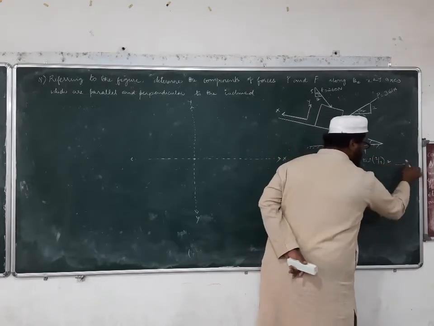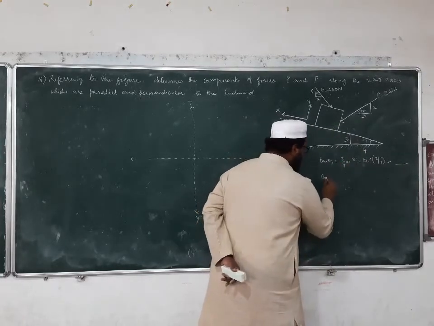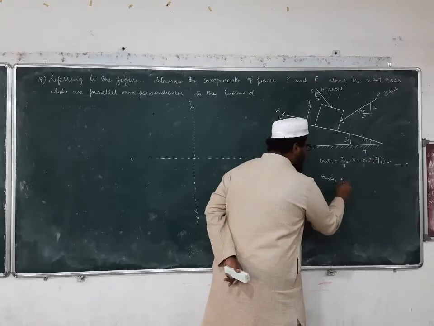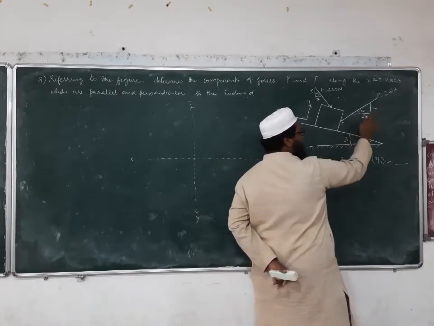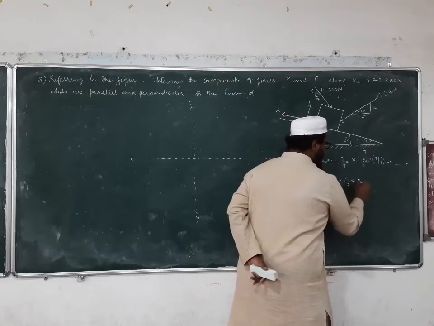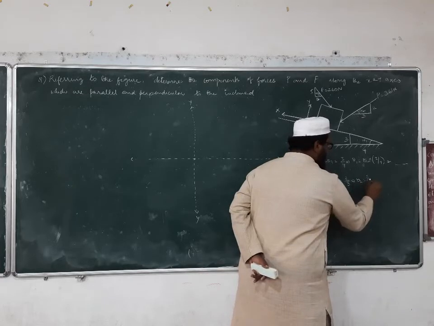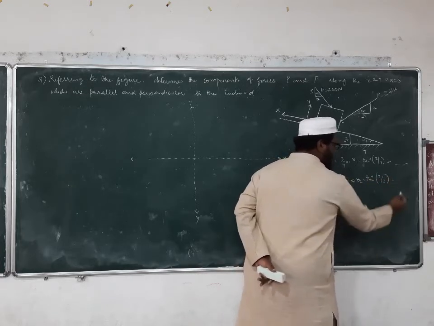That implies you will get some value of theta. I'll write down the values one by one. Then we'll go for tan theta 2. What is tan theta 2? See here, tan theta 2 is opposite by adjacent. So 2 by 3, that implies theta 2 is equal to tan inverse of 2 by 3. We'll get some value.